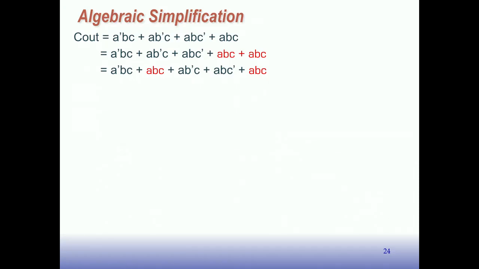And then I'm going to do this. Take those 2 things and I factor. Look here, we have A prime BC plus ABC. We can factor out the BC, and we're left with A prime or A times BC. Of course, A prime or A has to be a 1, right?